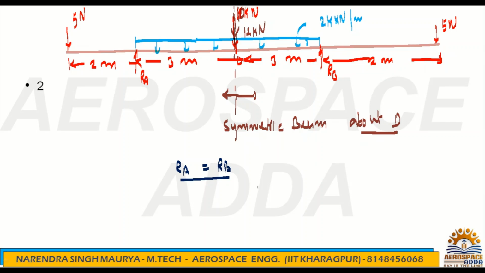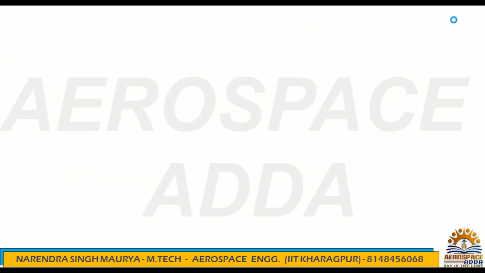But what is the other thing, how to calculate this reaction now? The total force acting on the beam, you just make half of it. Now check what the total loads are. It's 5 kilonewton, this 10 kilonewton, this UDL you made concentrated becomes 12 kilonewton, and this is 5 kilonewton. Why have I written Newton? Everywhere it's kilonewton.